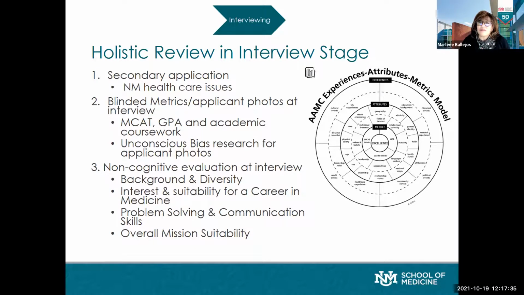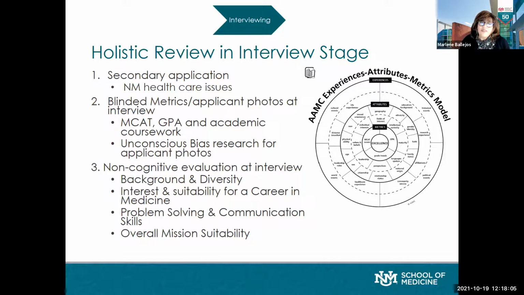So I actually put up the AAMC's experiences, attributes, and metrics model here. So the middle section is the metrics here, the MCAT, GPA, and academic coursework. So at the point of interview, again, they're blinded to that, and they're also blinded to the applicant photos, because some research shows that there's some unconscious bias regarding the applicant photos.